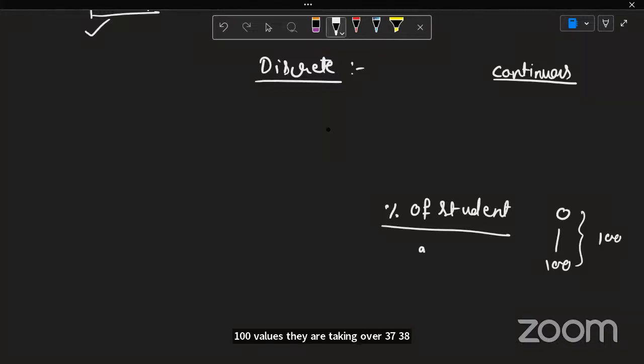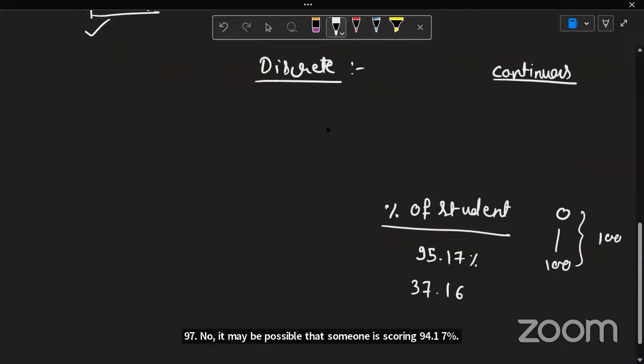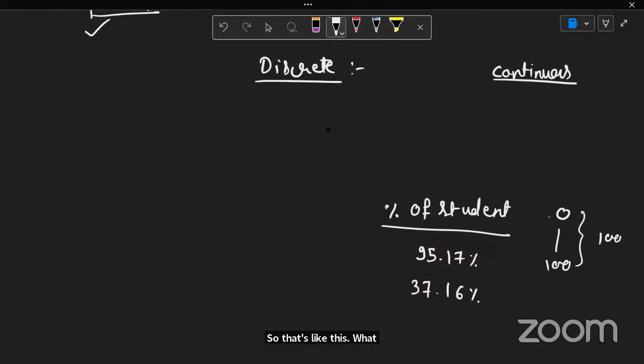No, it may be possible that someone is scoring 95.17%, someone 37.16%, isn't it? That means the percentage of students can take an uncountable number of values lying between 0 and 100. So this variable will go into continuous numerical data.